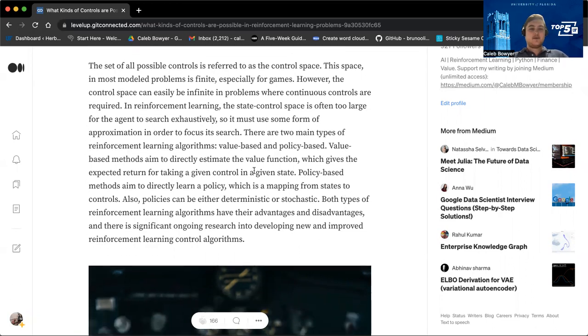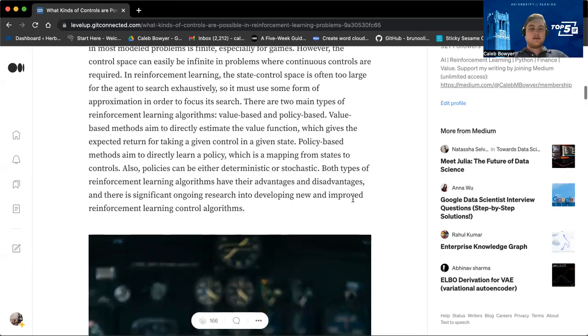Value-based methods aim to directly estimate the value function, which gives the expected return for taking a given control in a given state. Policy-based methods aim to directly learn a policy, which is a mapping from the state space to the control space. So you give a policy some state, it'll output some control. Usually it's deterministic, but it could be stochastic.